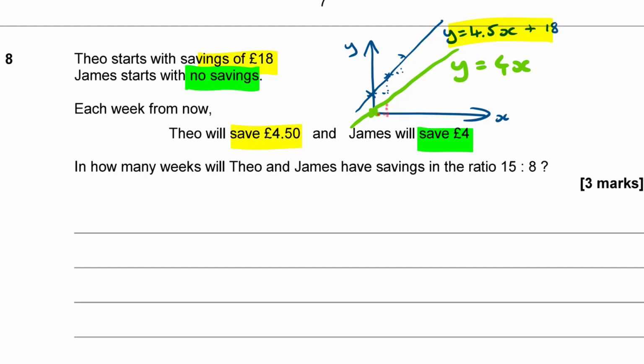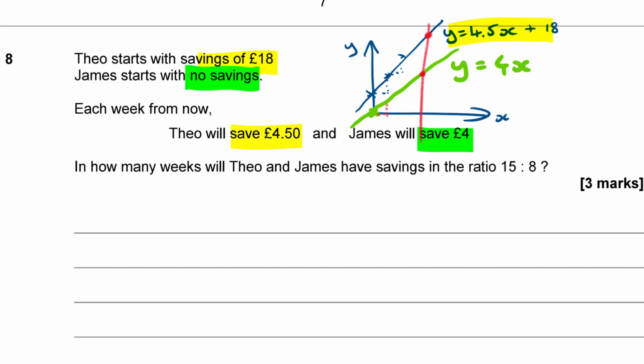So in how many weeks will Theo and James have savings in the ratio of 15 to 8? We've got to find a time where if we took a slice and compared those two points, one would be 15/8 of the other, which is not so nice.